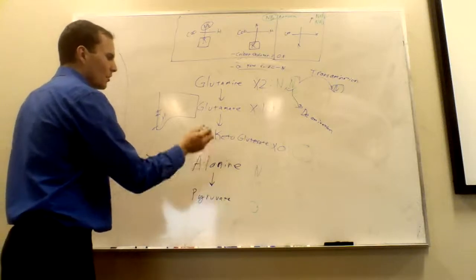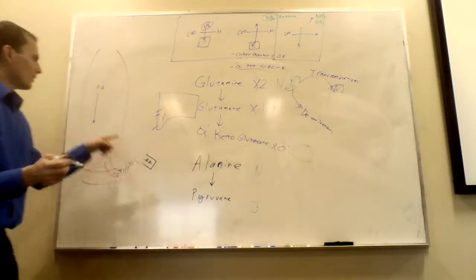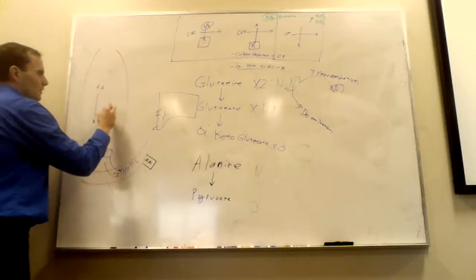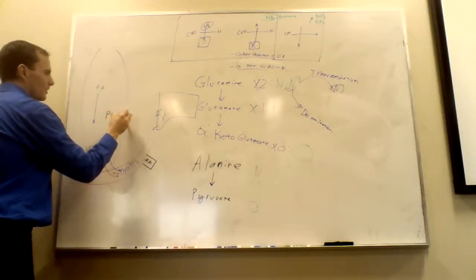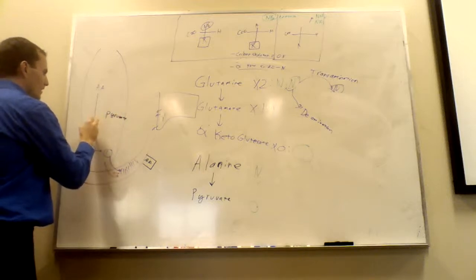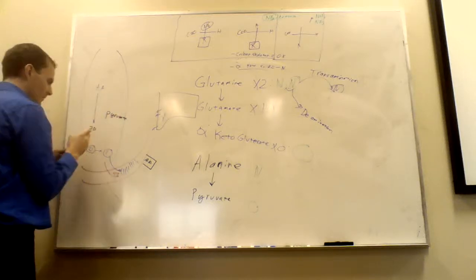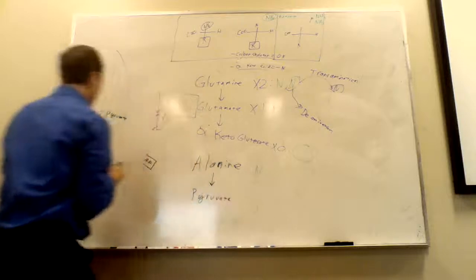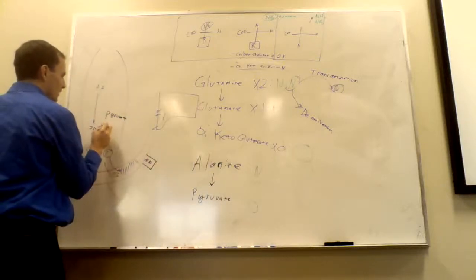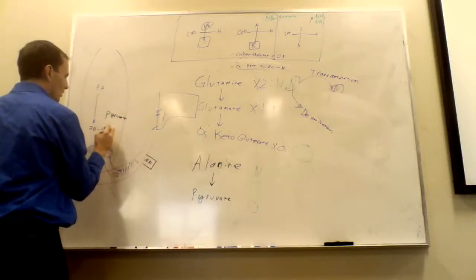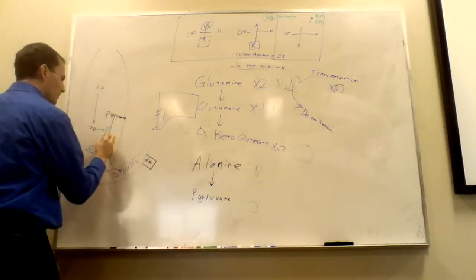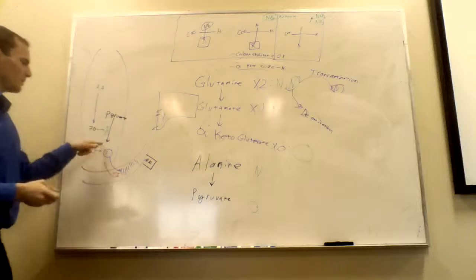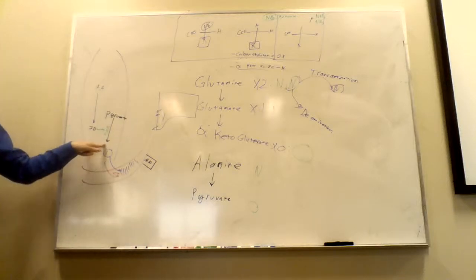There's another pair. What happens then if the muscle has a bunch of pyruvate and it takes the other 20 amino acids and has them throw all their nitrogens at pyruvate? What would pyruvate become if you added a nitrogen to it?